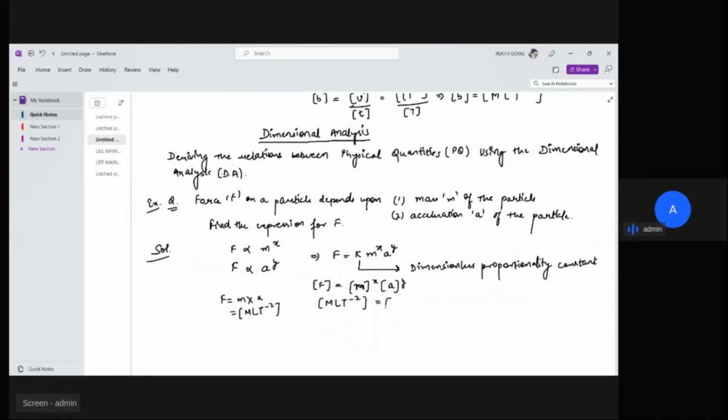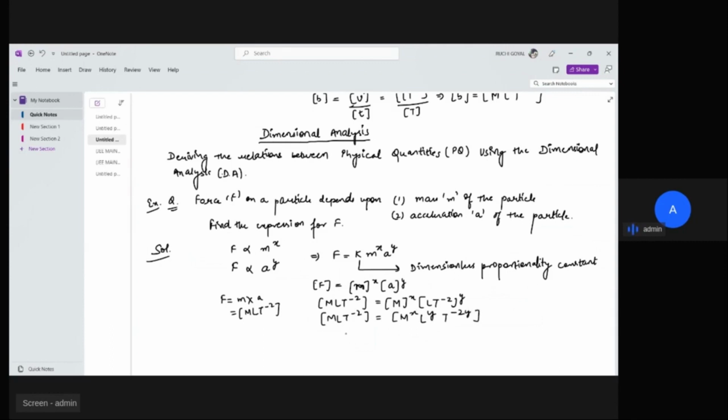It will be equal to M^x, and the dimensions of acceleration are L T^-2 raised to power y. So M L T^-2 = M^x L^y T^-2y.